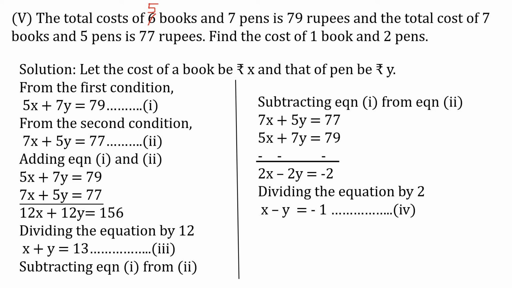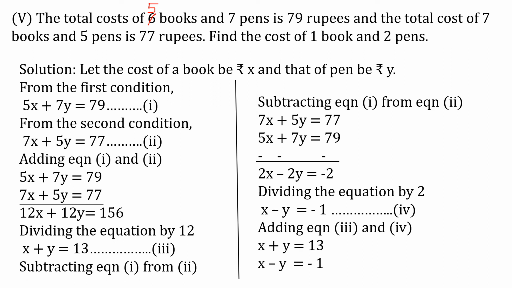Now, students, we will be solving our new equations 3 and 4. Equation 3 is x plus y equal to 13, and equation 4 is x minus y equal to minus 1. To solve both, you will use the operation of adding. So adding equations 3 and 4, you write down x plus y equal to 13 first, then x minus y equal to minus 1.